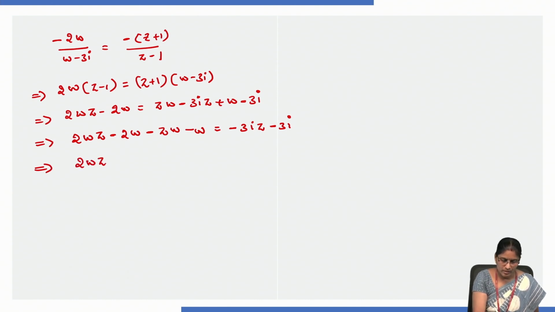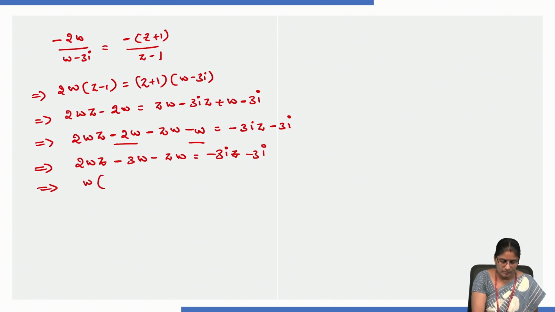Two wz, and here minus 2w is there, and here minus w is there. We get minus 3w minus zw is equal to minus 3iz minus 3i.